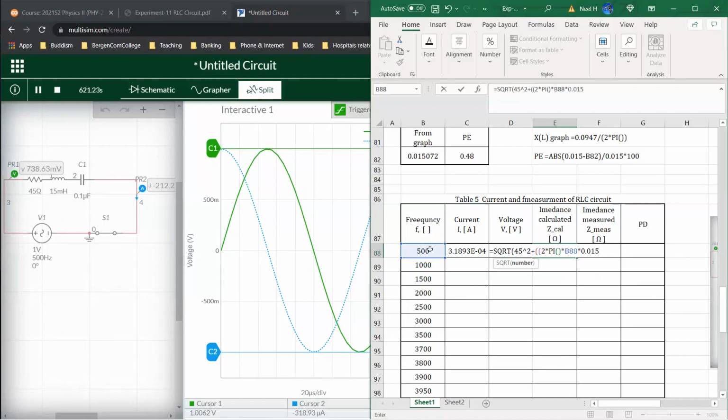Milli 15, close brackets, minus another open bracket, 1 divided by open brackets 2 times pi times frequency times the capacitance, which is 0.1 micro, which means 0.1 times 10 to the power minus 6, close bracket for that denominator, then close bracket for the outer part, then close another bracket, then you have to put power 2, and then close another bracket for the square root, okay?